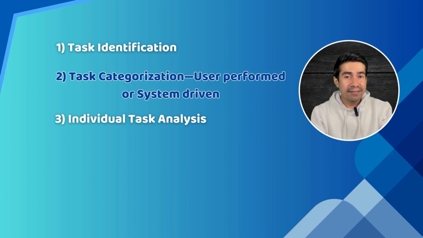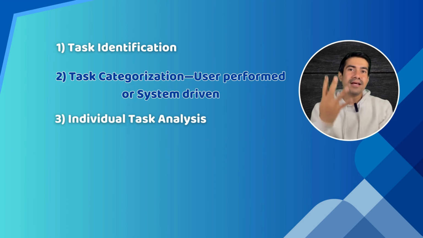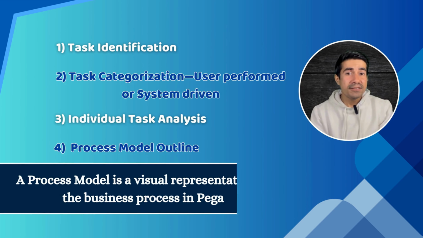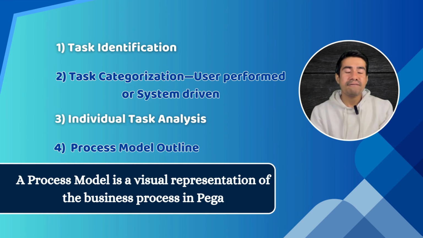Step 3. Analyze the purpose or outcome of each task in detail so as to gain clarity on how it should be implemented in Pega. Step 4. Create a process model, which is a visual representation of the business process in Pega.